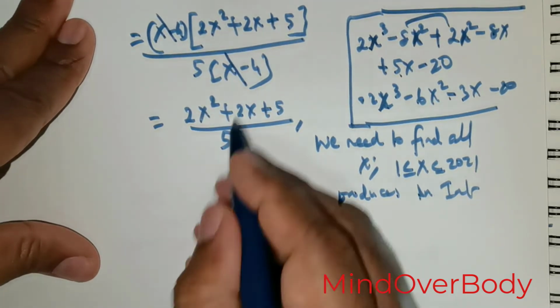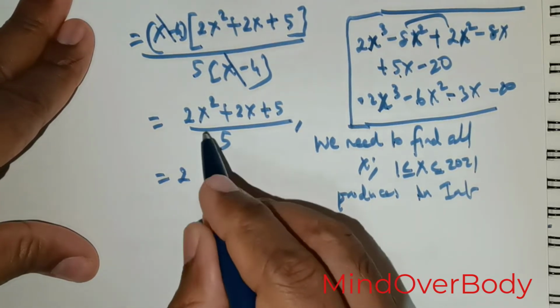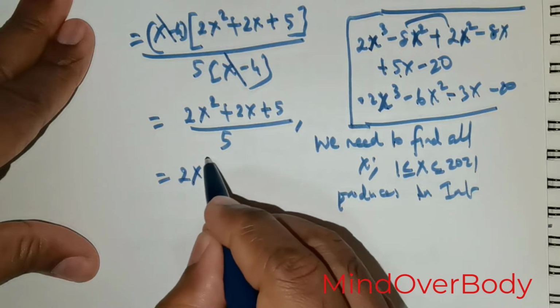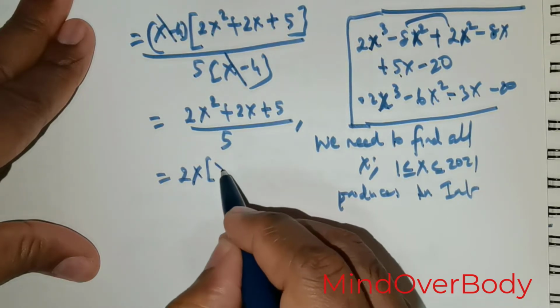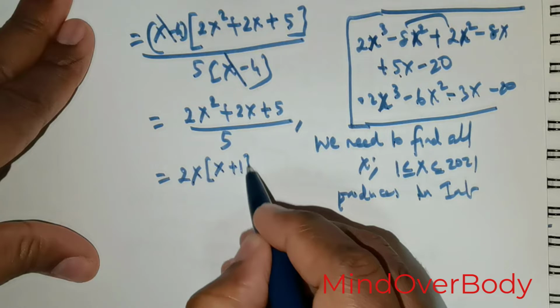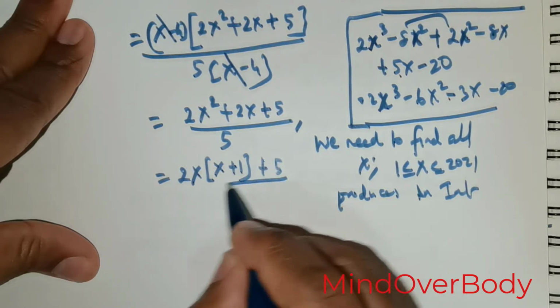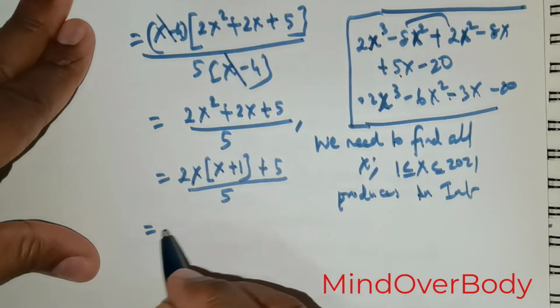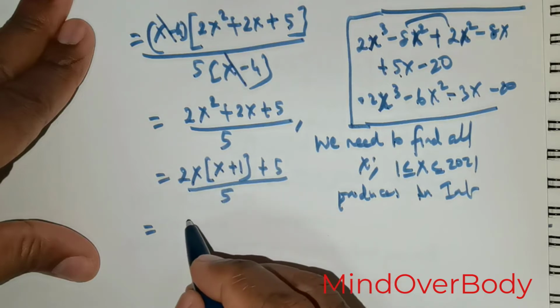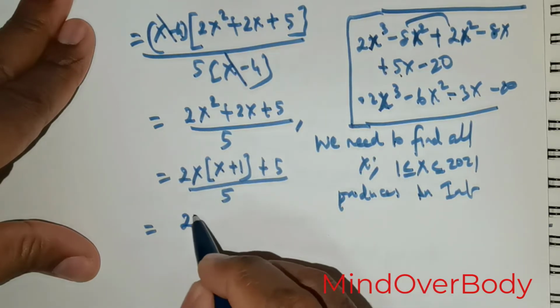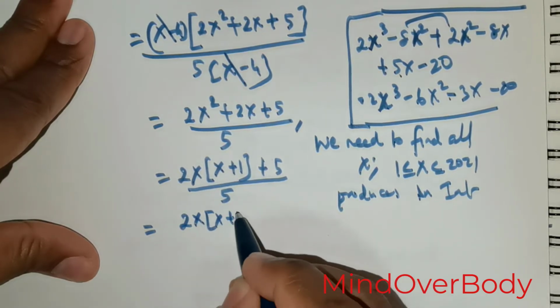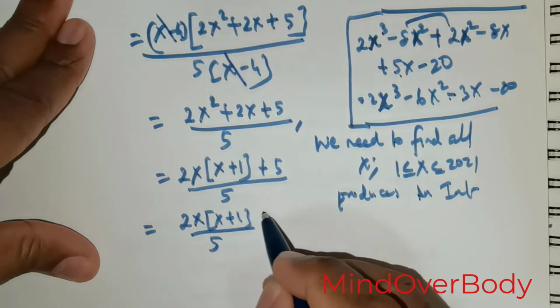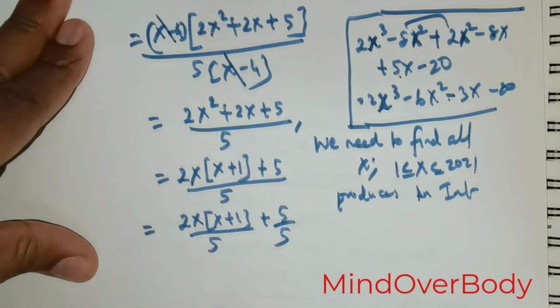So I'm going to rewrite this as (2x(x + 1) + 5) / 5, which can be further rewritten as 2x(x + 1)/5 + 5/5.